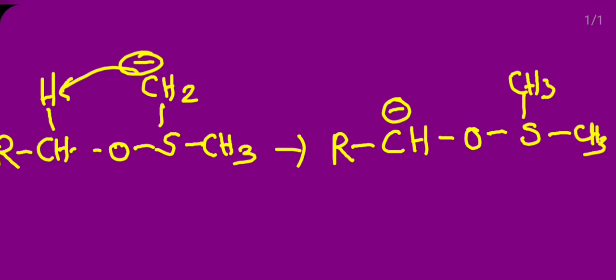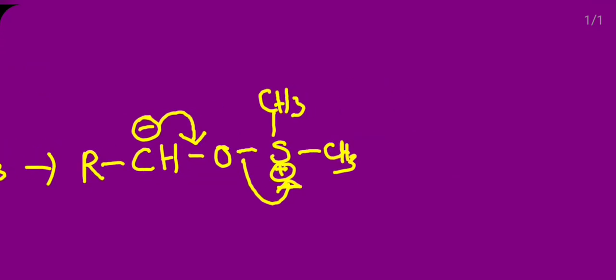Then this negative charge will be restored over here, that is, oxygen is electronegative, so it will attract the electrons present on the adjacent CH, and then this group will be free.